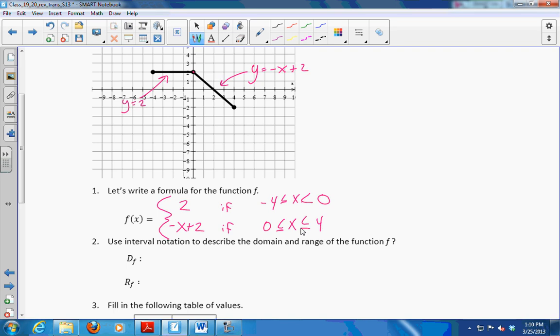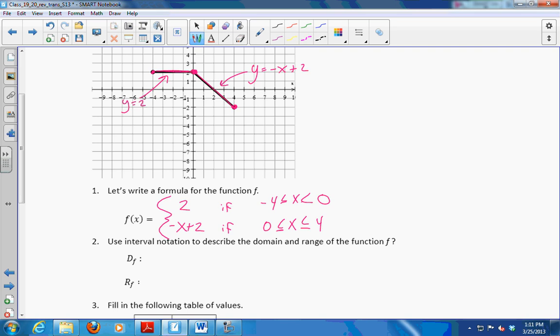So if I do it this way, this says from -4 up until 0, including the 0, right? And then this one says from 0 to 4, including the 0. So you end up coloring that dot in.